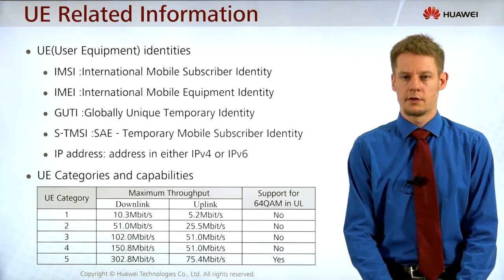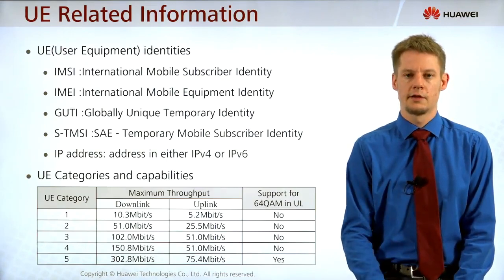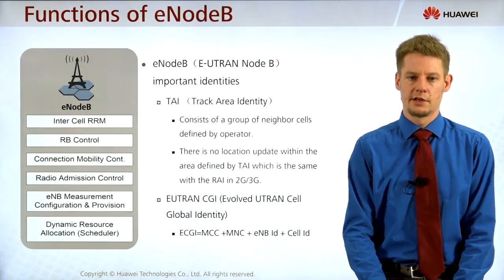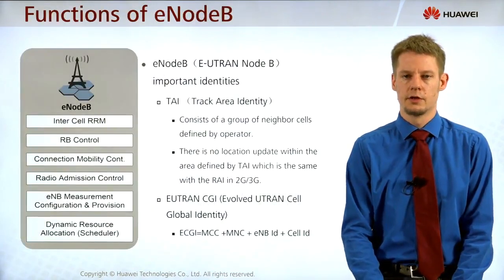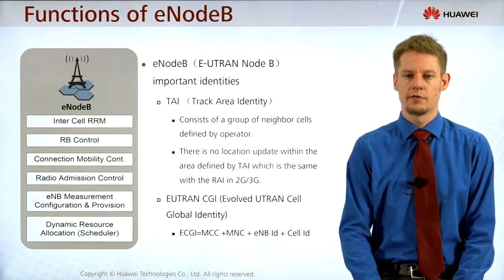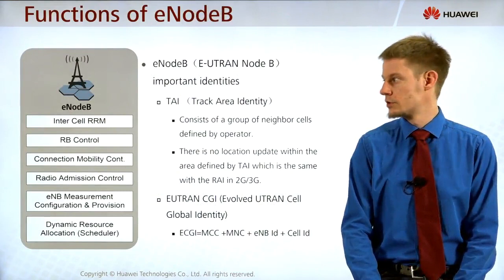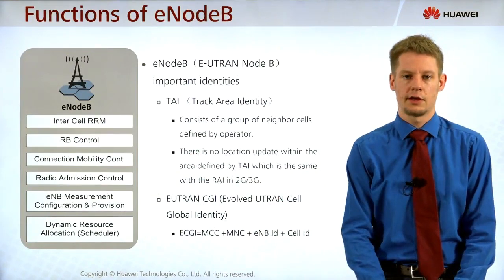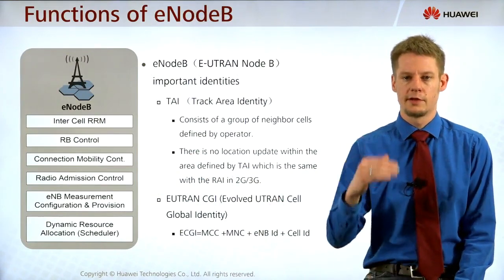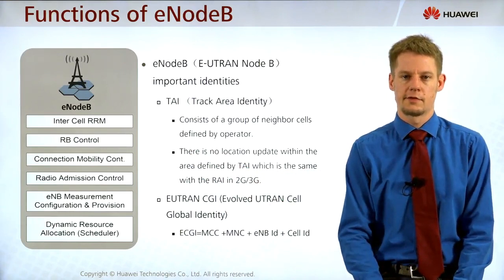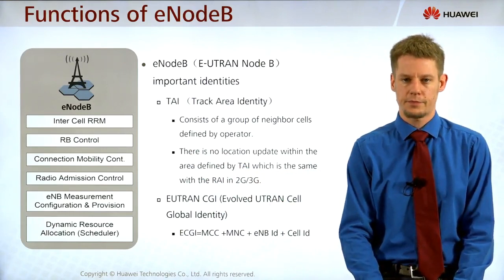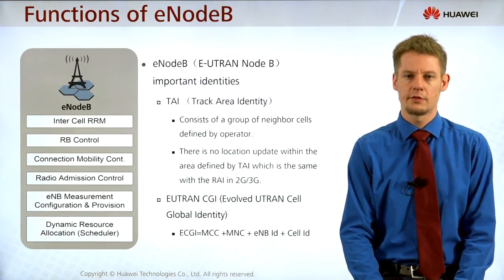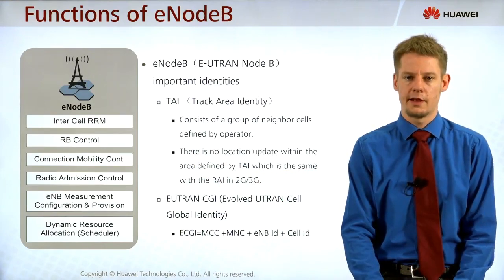So the next component from left to right in the overview picture is the station, the so-called eNode B. We know that the station in 3G was called Node B, and now we have an evolved Node B, which is, as we already said, not connected to a controller anymore. This means eNode Bs are interconnected through the so-called X2 interface. The eNode B is there to maintain all the resources on the air interface.